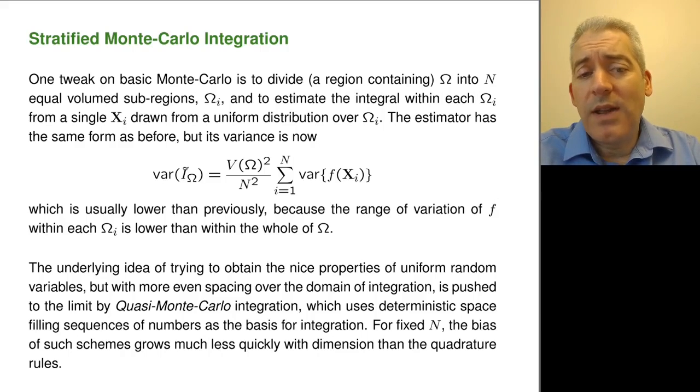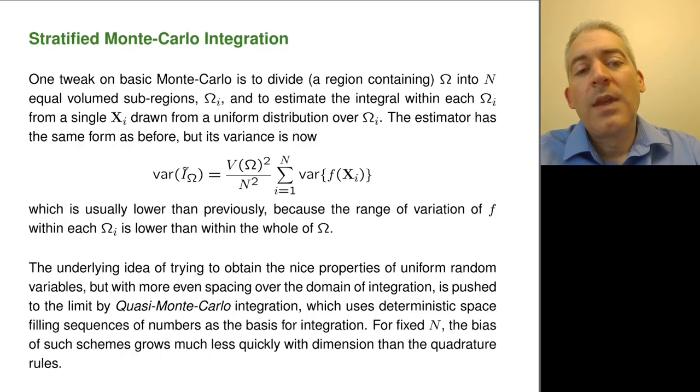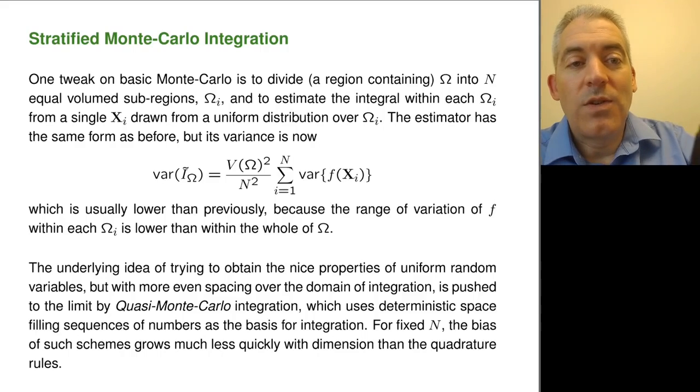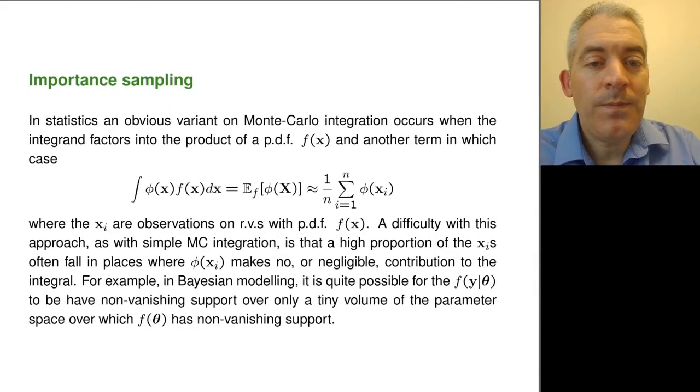So quasi-Monte Carlo, again, is an interesting idea, can work well in certain situations. It really requires nice domains that you're integrating over to work well, so it's worth knowing about, but it's beyond the scope of this course.